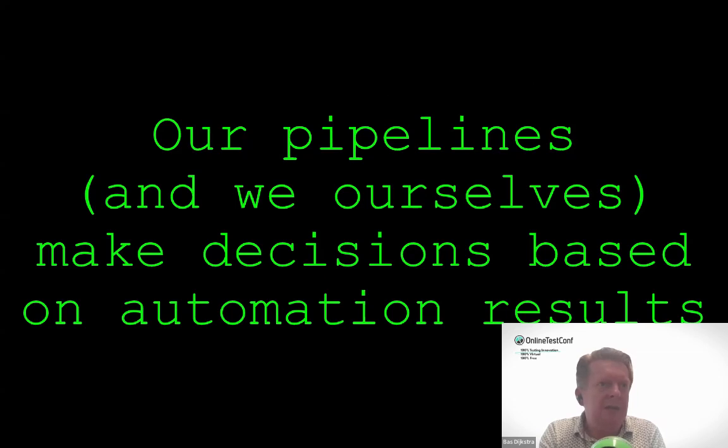Are we going to say, no, this goes back to the developers because we see a problem? Or maybe we promote this to an integration testing or a staging environment. Or maybe after our automated tests pass, we promote this to production and put our product in the hands of our actual end users.